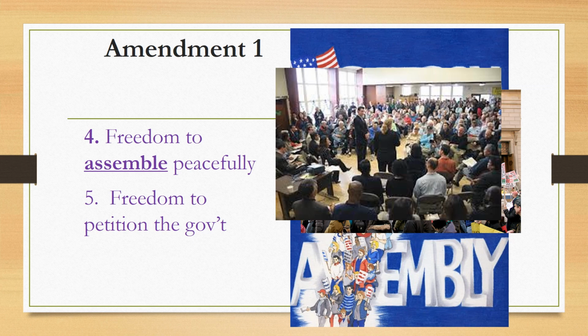As long as they assemble peacefully and in a legal manner, meaning usually they have to get permission and let people know so the police can make sure everyone is safe. If you want to do marches, they can close down roads for you. This is a great way for Americans to share how they feel about a topic.